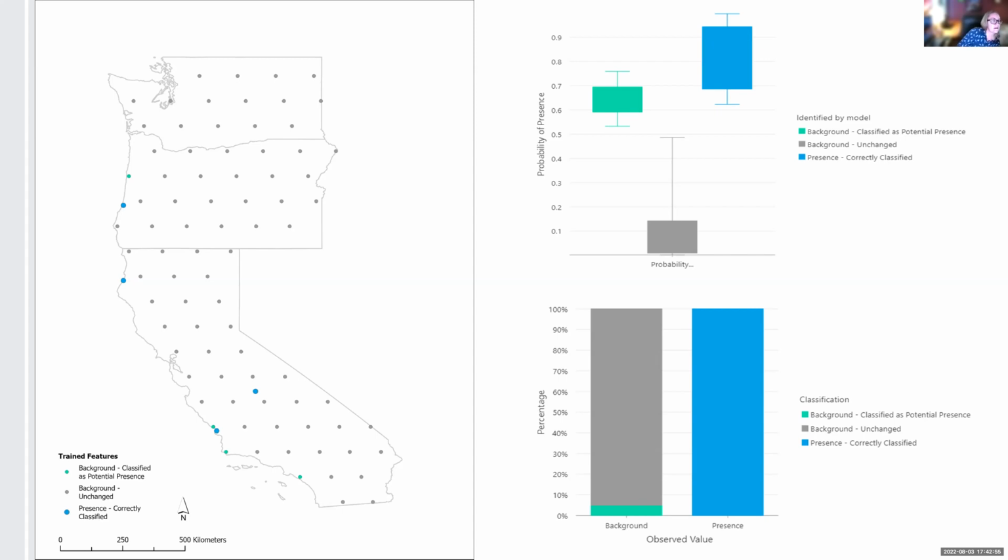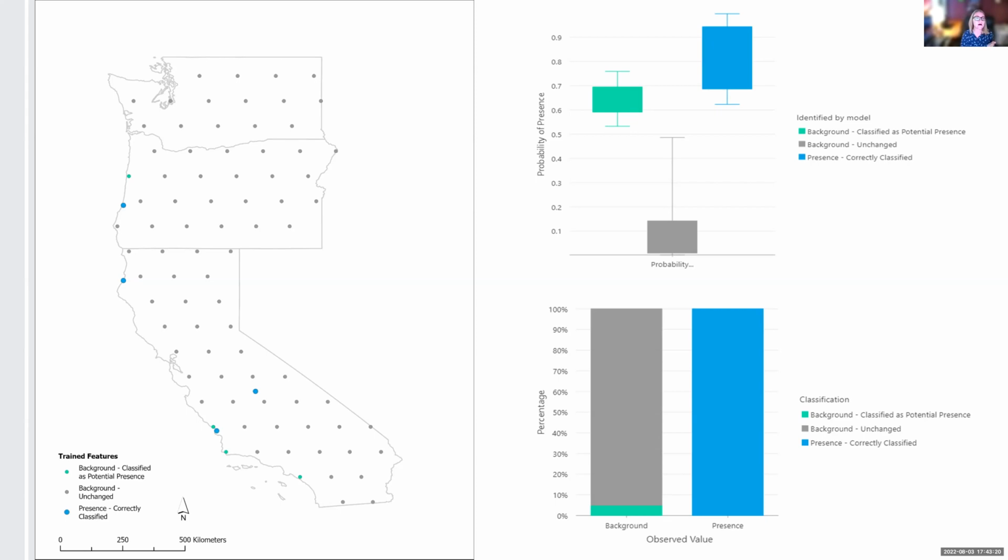However, it is important to point out that it correctly classified all of the known points, all of the known points as presence, which was impressive.